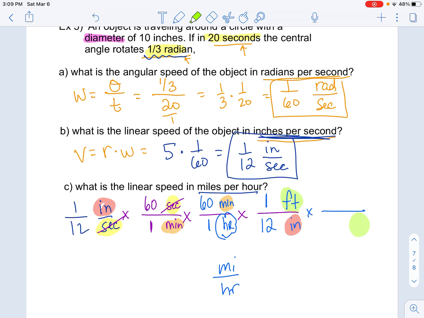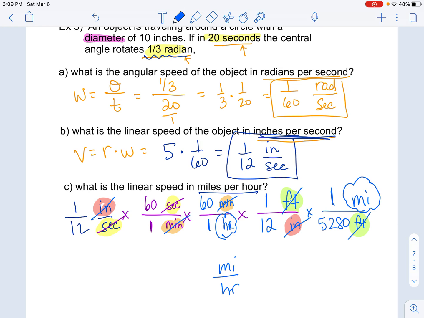I've got to get rid of feet, so feet goes down in the bottom and miles goes up on top. And I know that 1 mile is 5,280 feet. All right, so finally I have miles up on top and hours down on the bottom. Everything else has reduced with the inches there and then the feet with the feet. I tried to do it in color so you can see it pretty easily. So we're left with miles per hour.